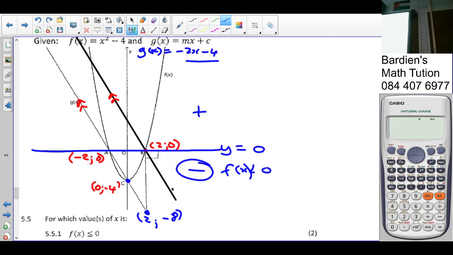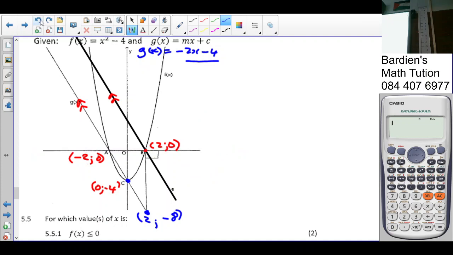And here, if it's positive, it's above the x-axis, above the y is equal to 0 line. That is more than 0. You guys understand? So this fits in here. You all agree? Yeah, I'm talking too much now. Okay.